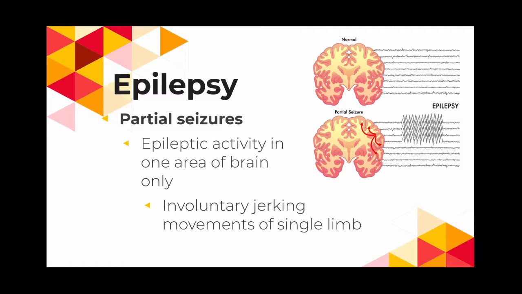So this type of neural activity usually doesn't cause a full-blown seizure, but instead causes a series of involuntary jerking movements of an arm or a leg. Okay, so it's very specific. It's in a very specific part of your brain. It only affects that part, and then it's just like a jerking movement, so it's not really dangerous to the person per se.